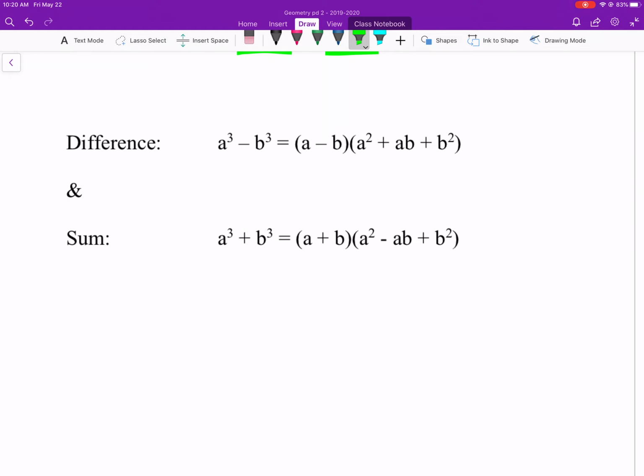But remember, if it's the difference of two perfect cubes, our binomial will look like so. Right, and our trinomial, if we factor the sum, we get a very similar looking binomial and trinomial. Just got to be careful with the signs, whether it's positive, negative, whatever it might be. But it's all about identifying, guys. Identifying, is it a perfect cube? All right, is it the sum of two perfect cubes? Is it the difference of two perfect cubes?